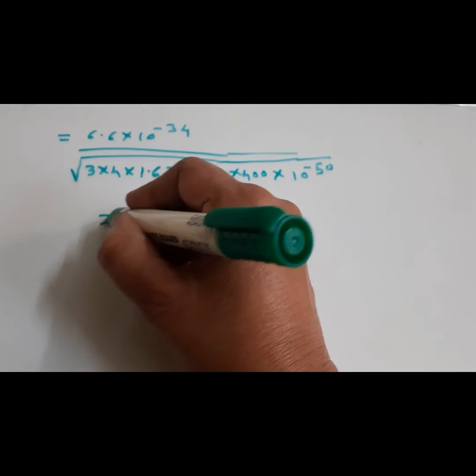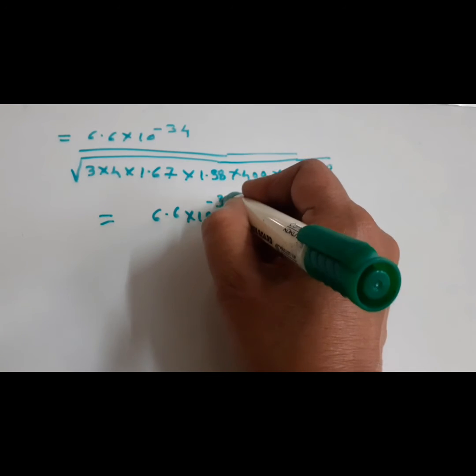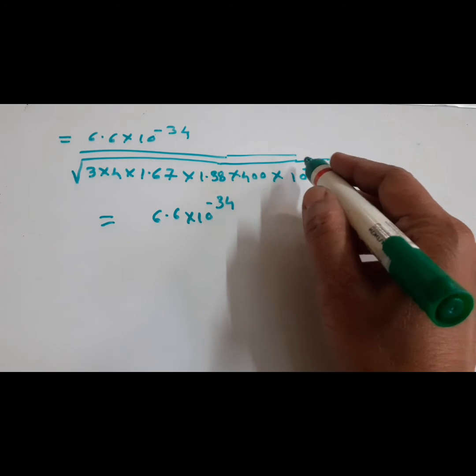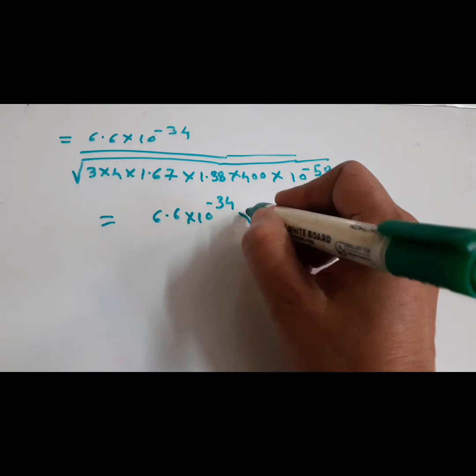That is equal to 6.6 into 10 to the power minus 34 divided by the square root, with 10 to the power minus 50 inside. After the root it is minus 25, and when we take it to the upper side, it becomes plus 25.